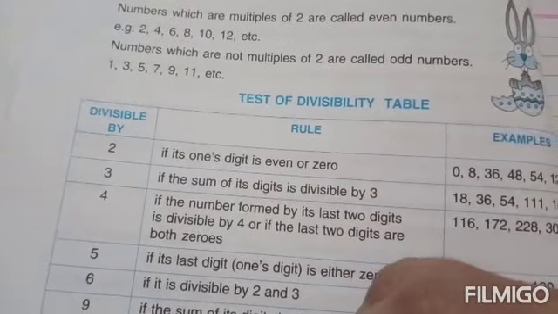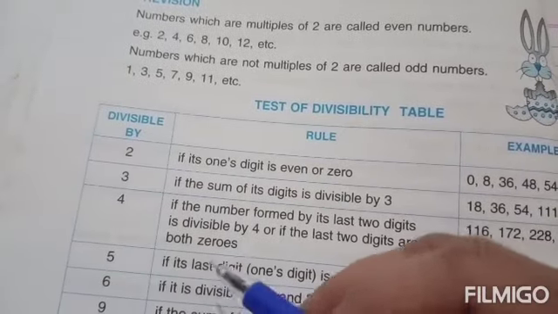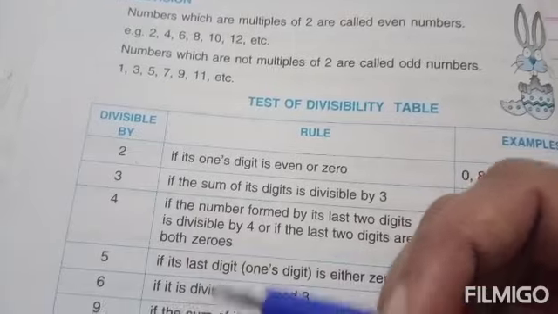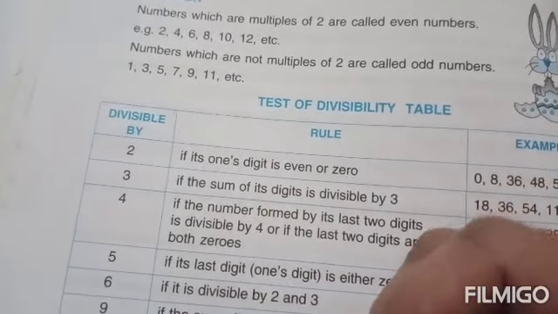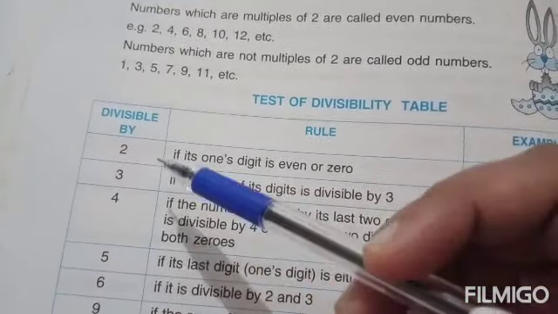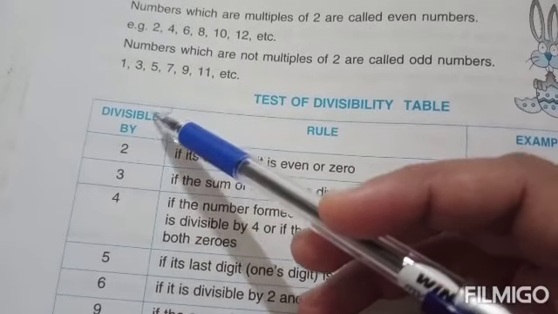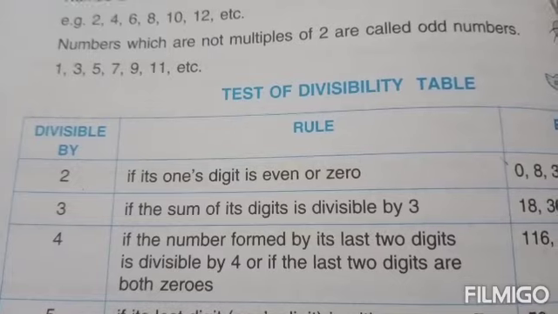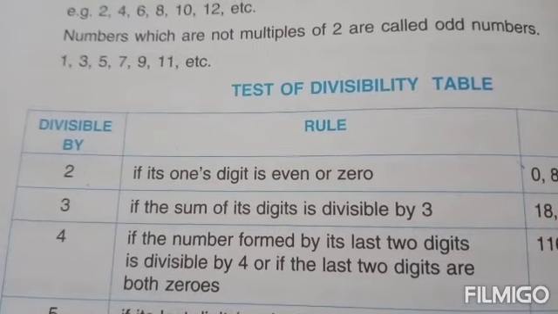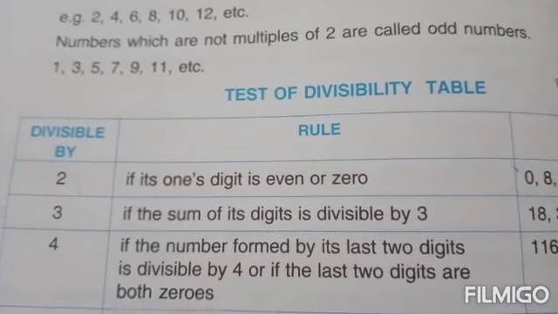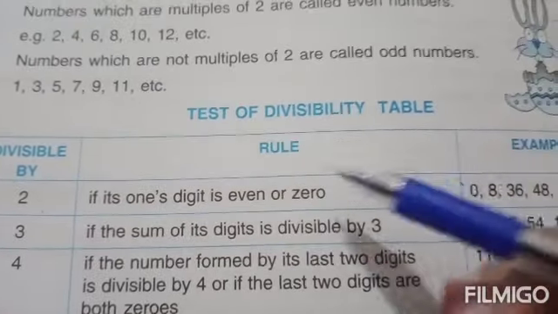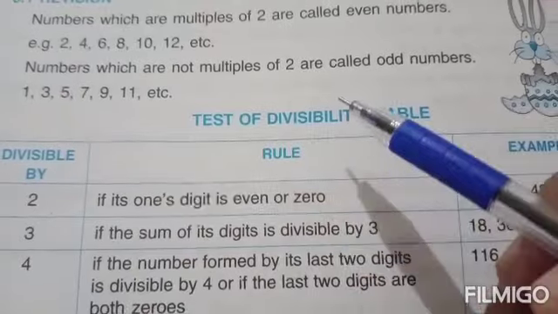For example, we can take 8. 8 is coming in the table of 2, so 8 is divisible by 2. 20 is coming in the table of 2, so we can say that 20 is divisible by 2. So if you are given a number, you can test whether that number is divisible by 2. That test is called the test of divisibility of 2.